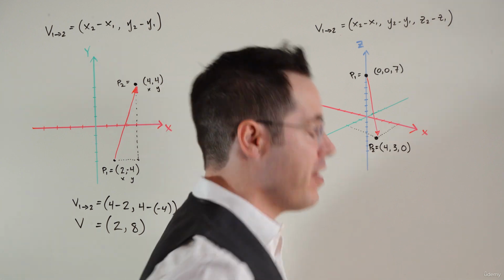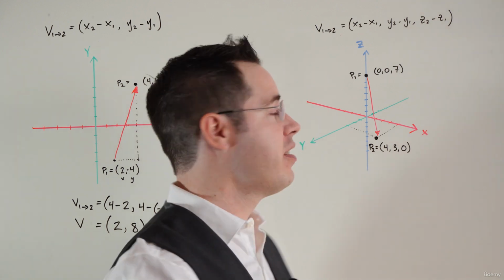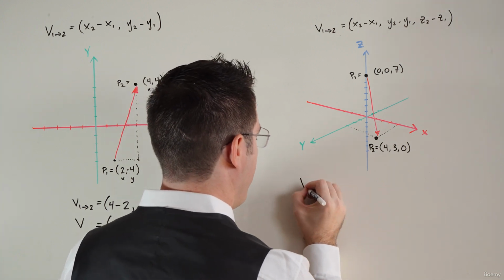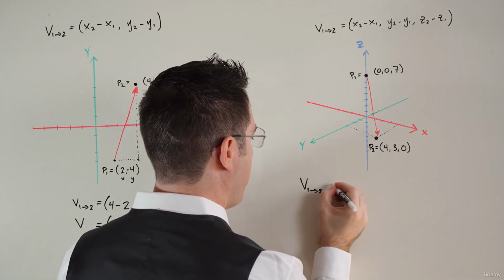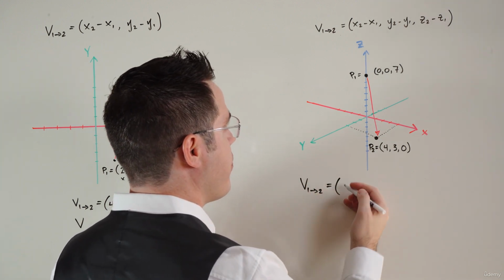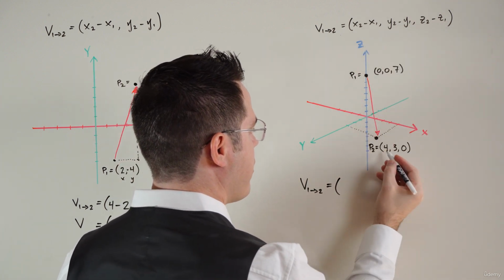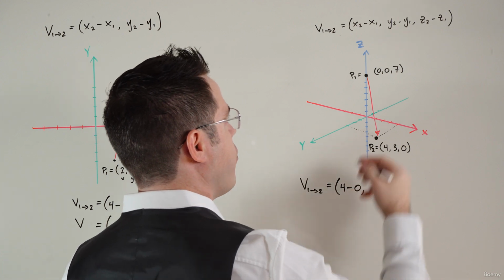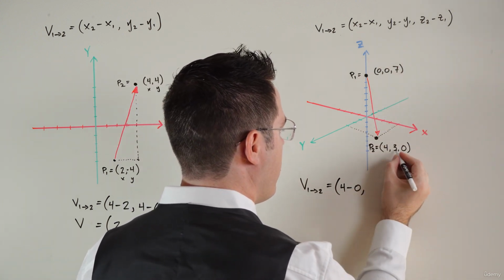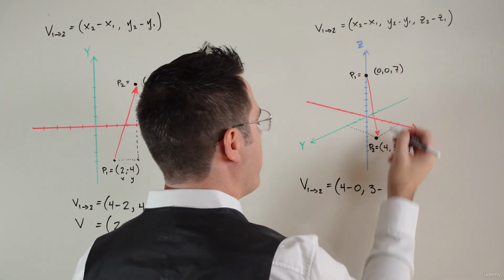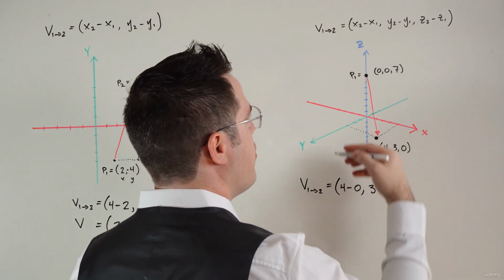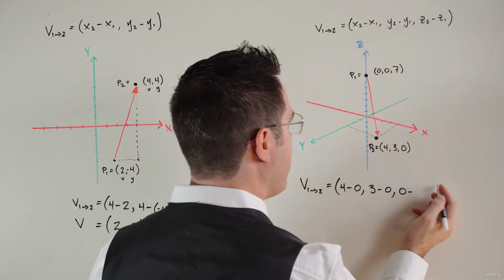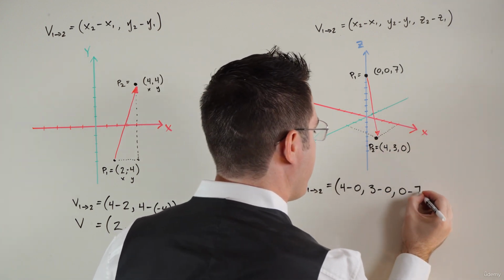And the process is the same for calculating the z component of a 3-dimensional vector. So let's calculate this vector. The vector from point 1 to point 2 is x2 minus x1. x2 is 4, x1 is 0, y2 minus y1, y2 is 3, y1 is 0, and then we have z2 minus z1. z2 is 0, z1 is 7.